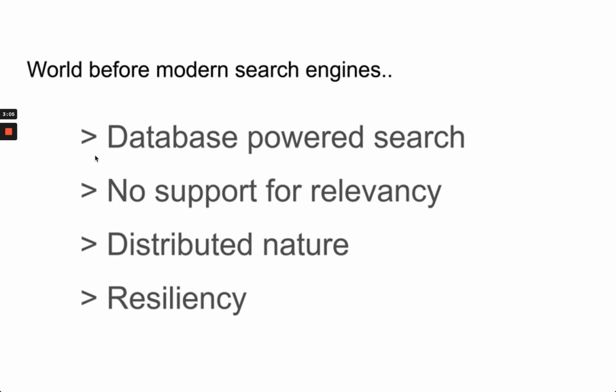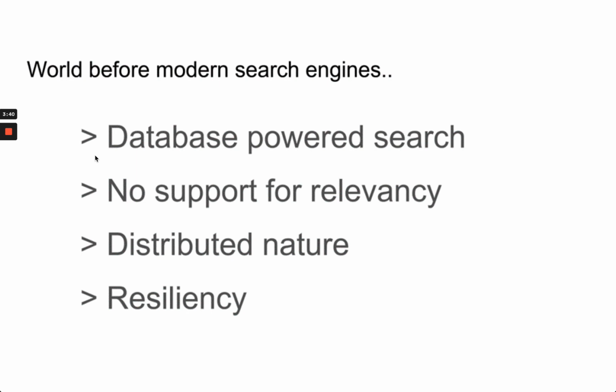Before that, we used to use something called database-powered searches. I'll cover how relevant they are, and how we managed to move away from using the database as a search engine, to newer engines like Elasticsearch, which give you a much more sophisticated way of searching the data, analyzing the data, and running machine learning algorithms on the data, mostly in real time, right? Something which is an awesome feat.